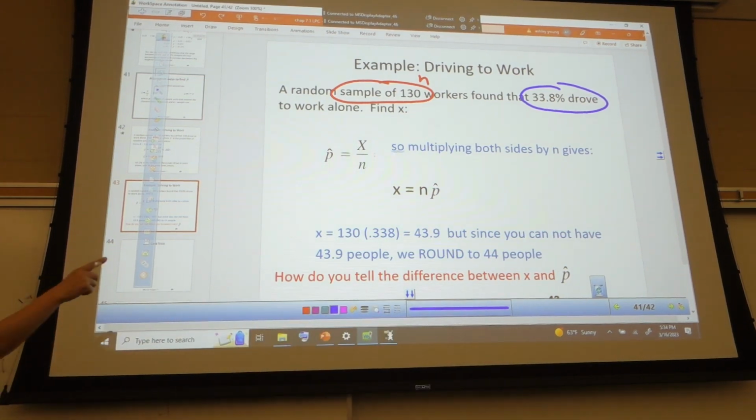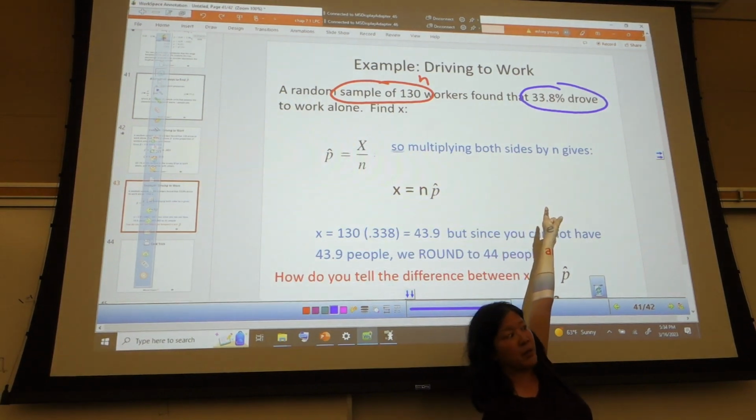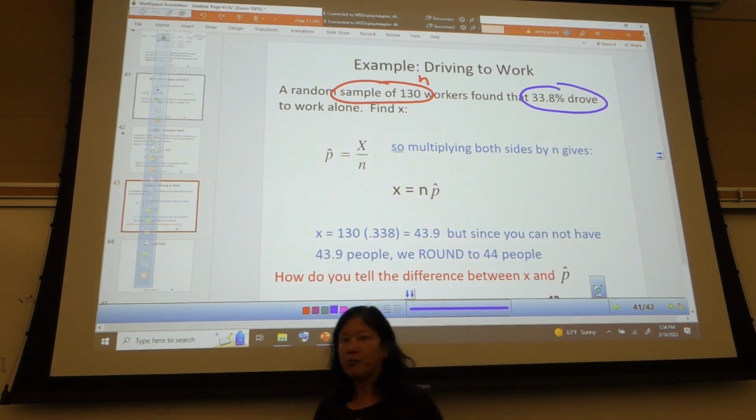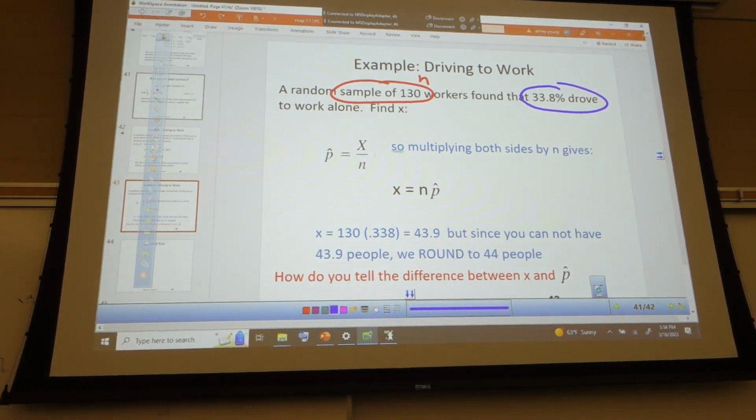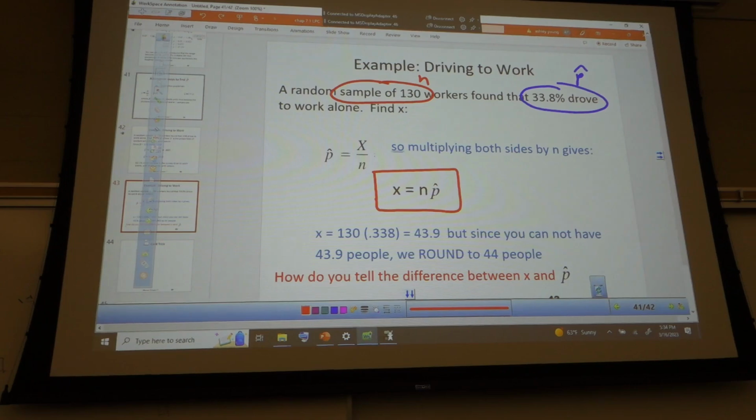So what am I given here? I'm given 33.8%. Is that the number of people, or the percent of people? Percent of people. Good. So that is my p hat. You can either plug it in, but I'm just going to use this formula: x is equal to n, 130, times p hat, 0.338.